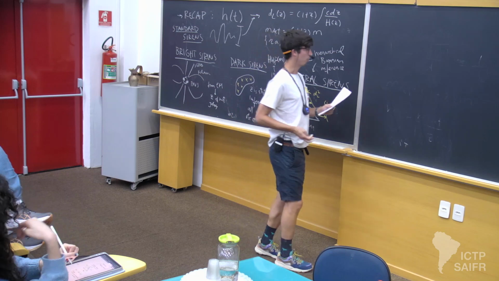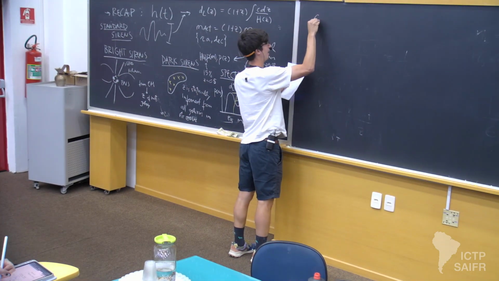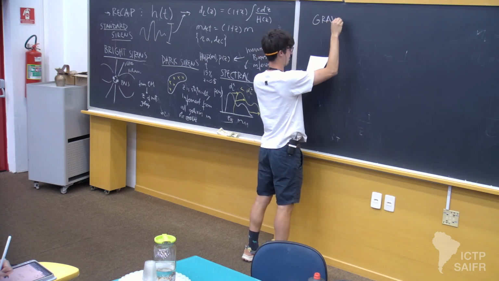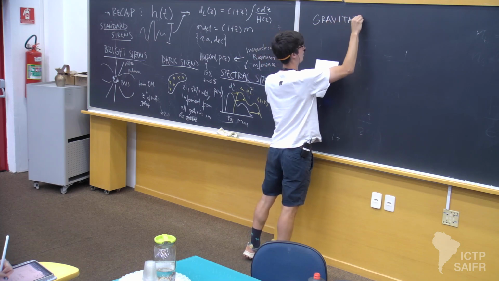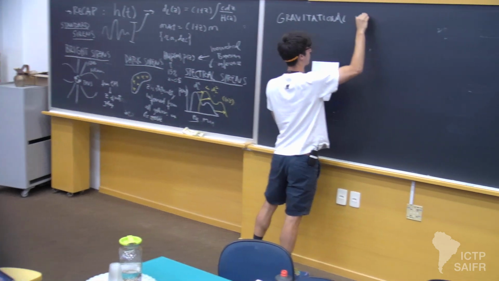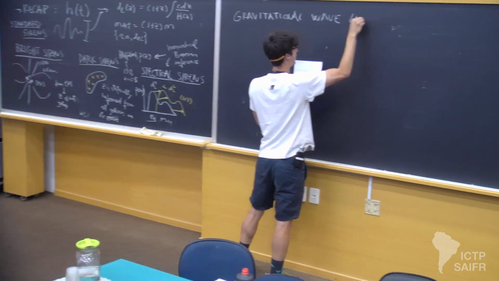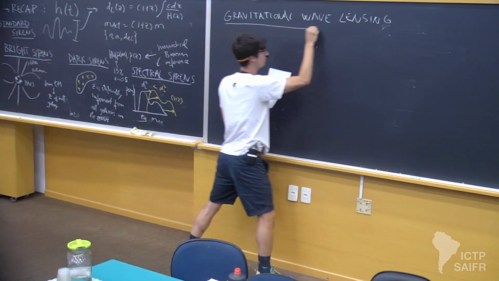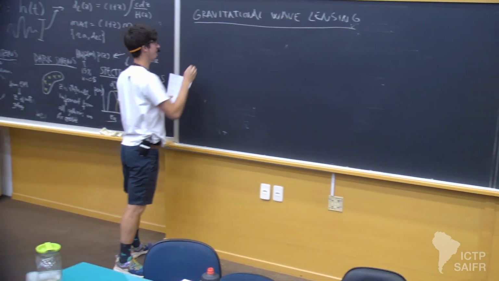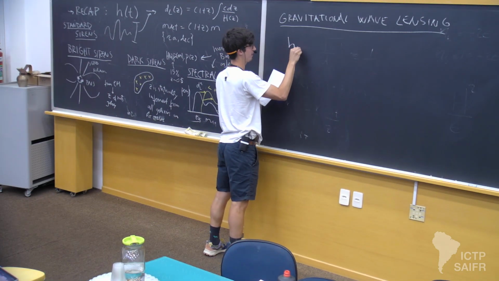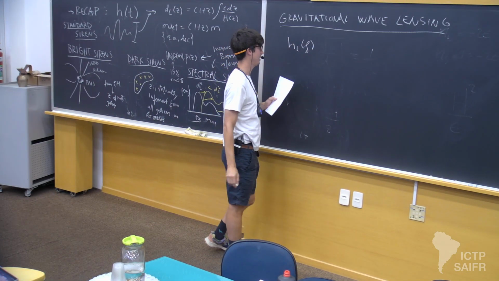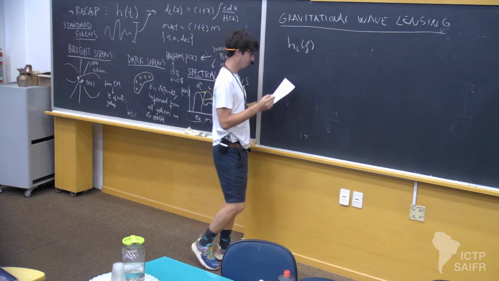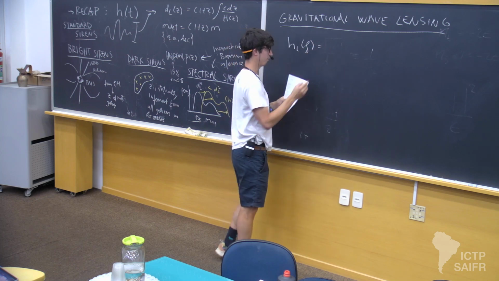Okay. The other thing that we saw yesterday is gravitational wave lensing. There, what we did is solve the propagation equation in the case of a weak field approximation, where the lens is not in the strong field regime, which is relevant for astrophysical sources.